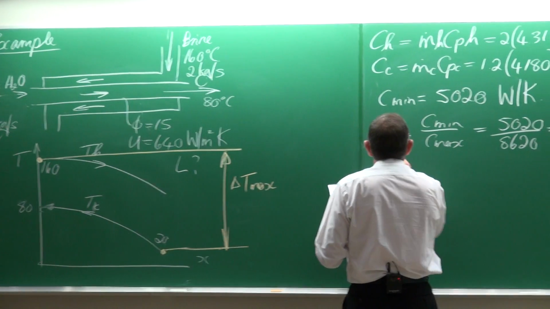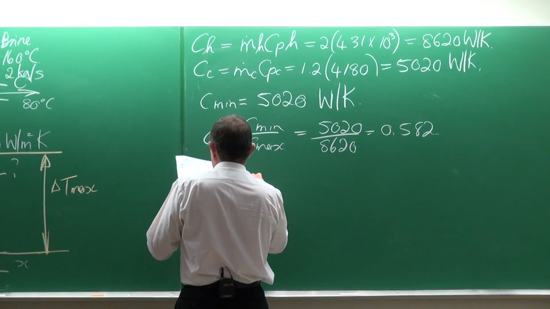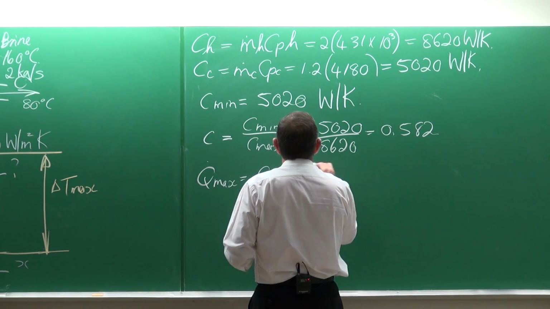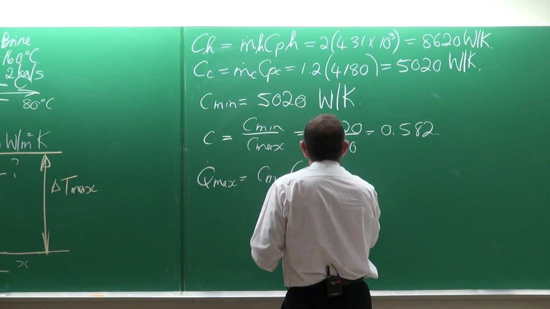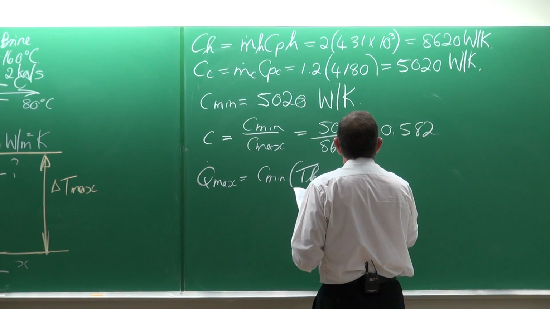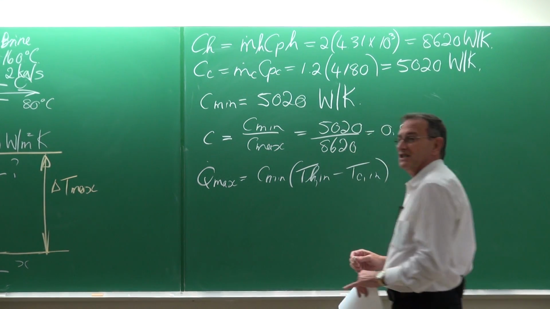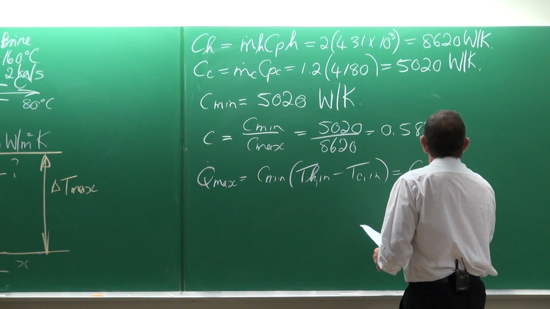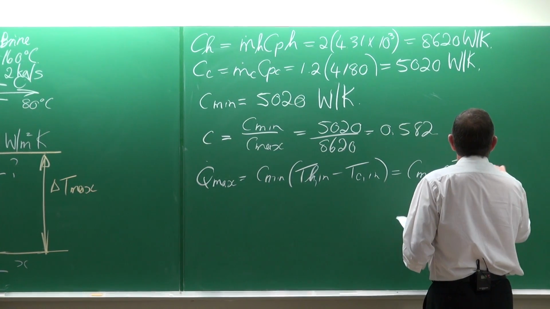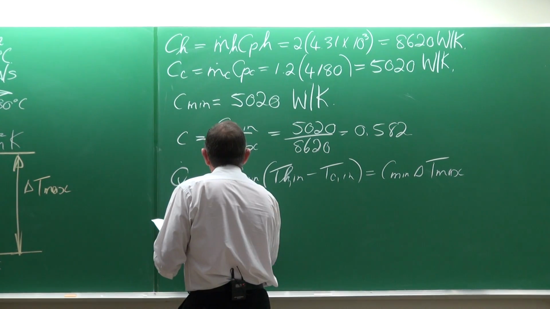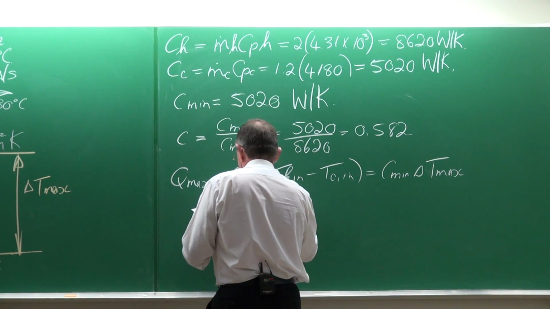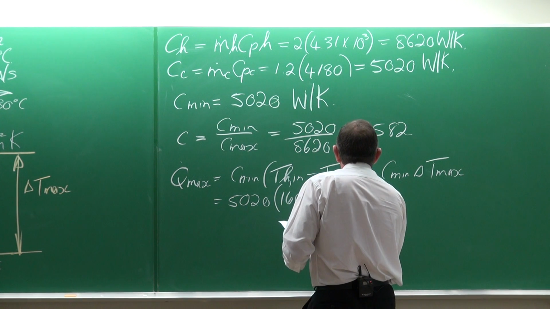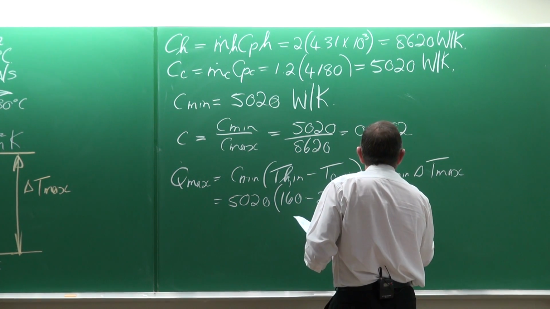So Qmax is then always equal to C minimum multiplied by the hot in temperature minus the cold inlet temperature, which is delta T max. Is C minimum multiplied by delta T max, and that is equal to 5,020 multiplied by 160 minus 20, and that is 702.8 kilowatts.